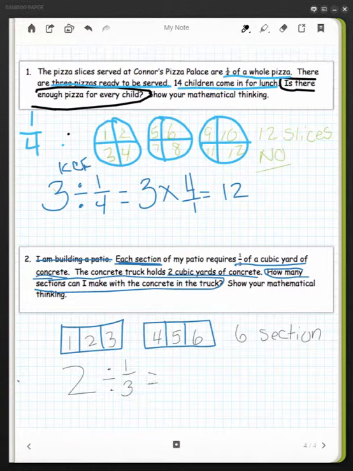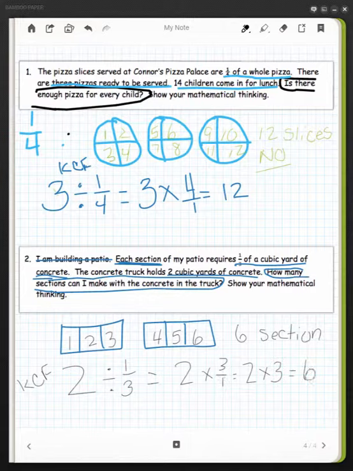So if I use keep, change, flip, I have 2 times the reciprocal, which is 3/1, which is equivalent to 3. So 2 times 3, and I get 6 again, because I have 2 cubic yards of concrete. Each cubic yard contains 3 sections, so 2 cubic yards times the 3 in each equals 6.